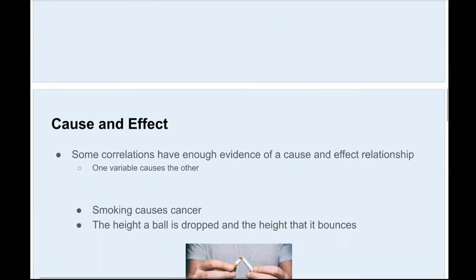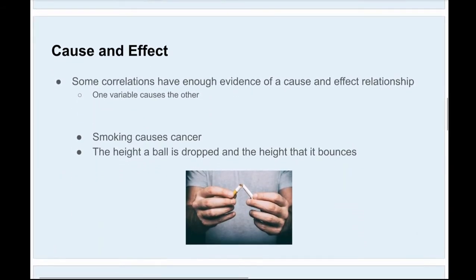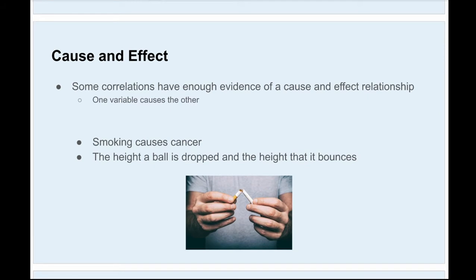The first one is a typical one, the cause and effect correlation. Some correlations have enough evidence of a cause and effect relationship, and basically it means that one variable causes the other. So for example, smoking causes cancer.